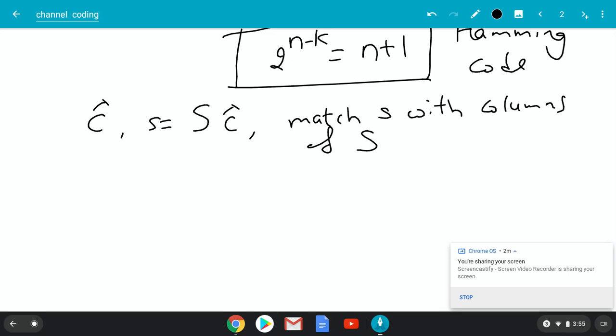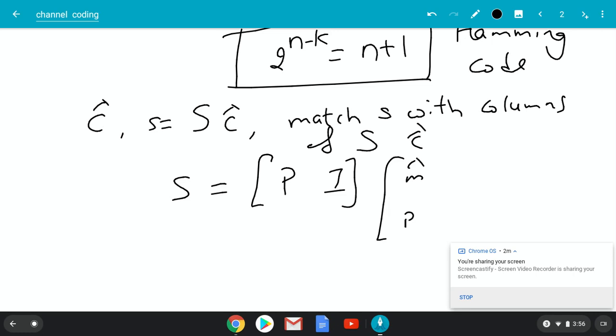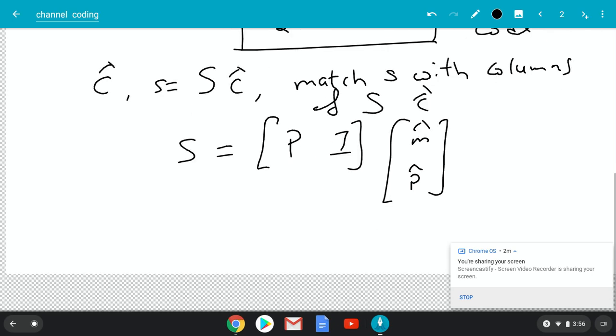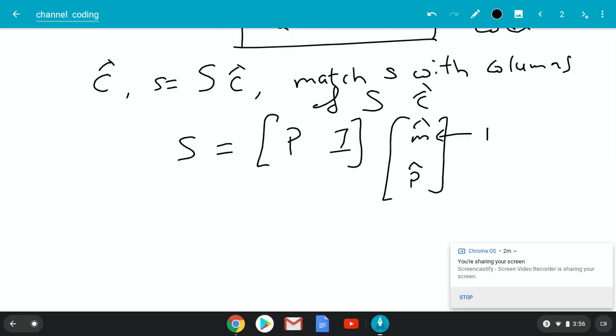So what is the dimension of capital S? Now S is P and identity, and you're multiplying this with c hat, which is m hat and p hat. So m hat is k cross 1, p hat is n minus k cross 1.